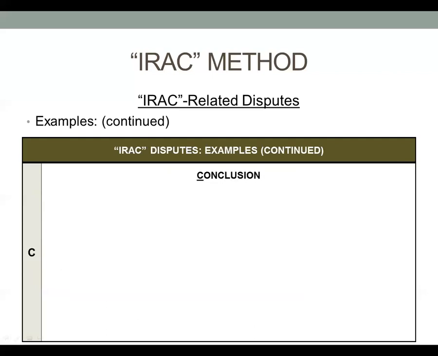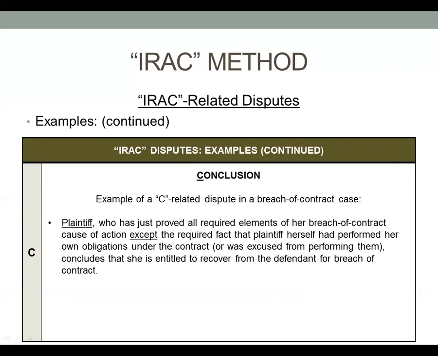And finally, there can be disputes over the conclusion that is ultimately reached once you've gone through the previous 3 steps. And here's an example. Let's say in a breach of contract case that the plaintiff, having put on all the evidence at trial the plaintiff intends to put on, has properly proved all the required elements that she was required to prove for a breach of contract cause of action, except one.